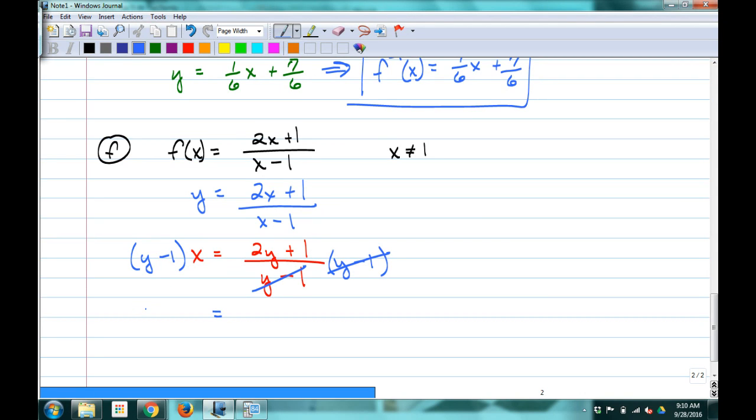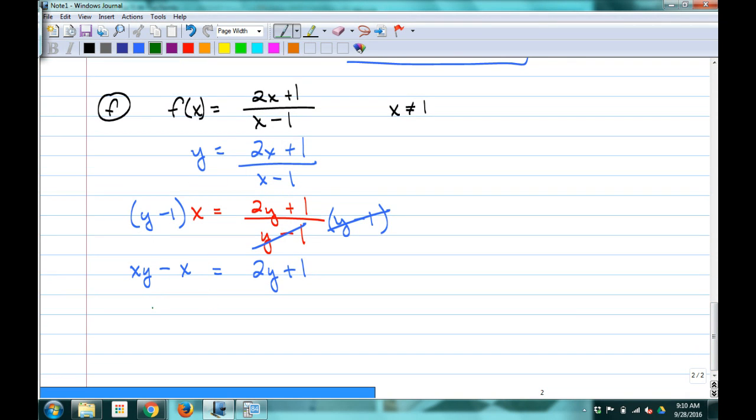And that'd be xy minus x. On the other side, we got 2y plus 1. Now, what are we trying to get by itself again? The y. So we need to get everything that's a y on the same side, and everything that's not a y together. So decide which way you want to go. I'm going to move this x back over here and move the 2y over here. Okay.